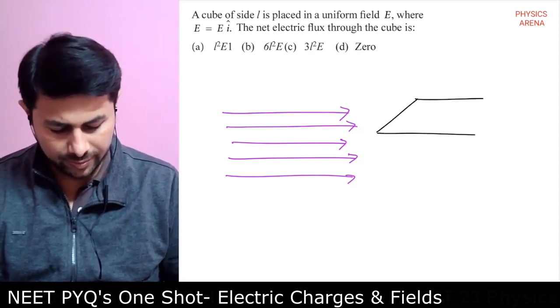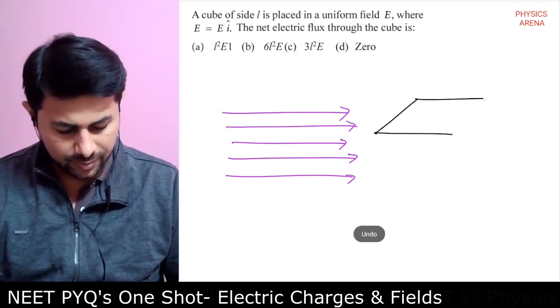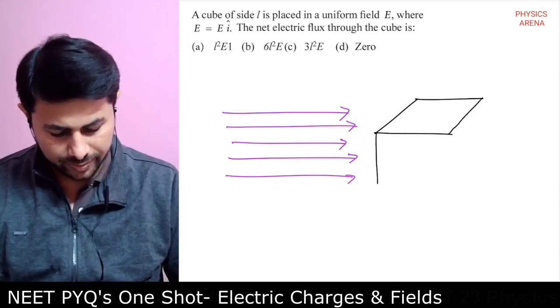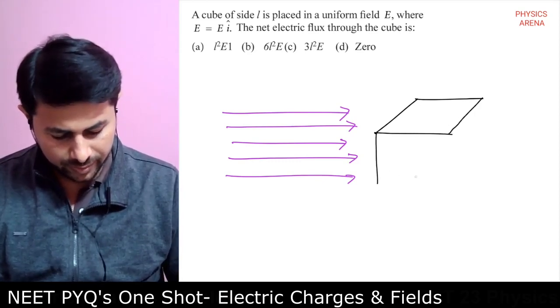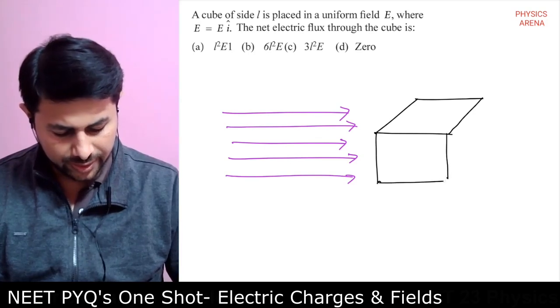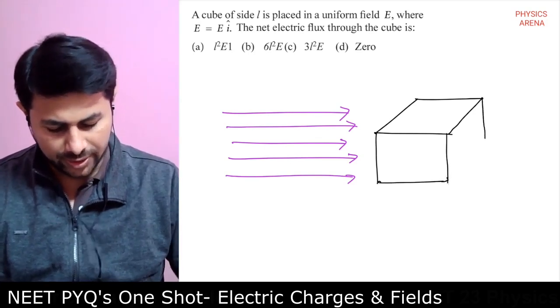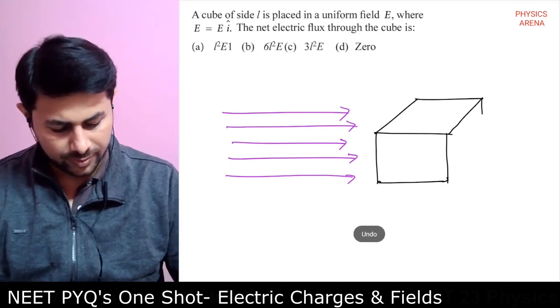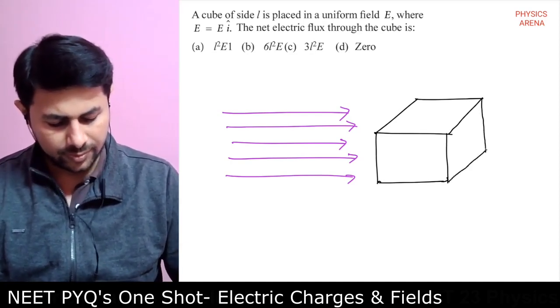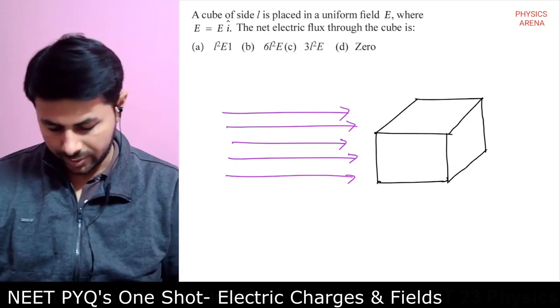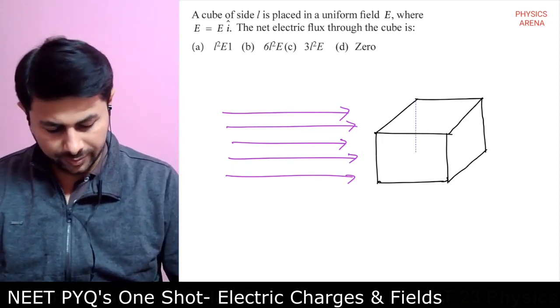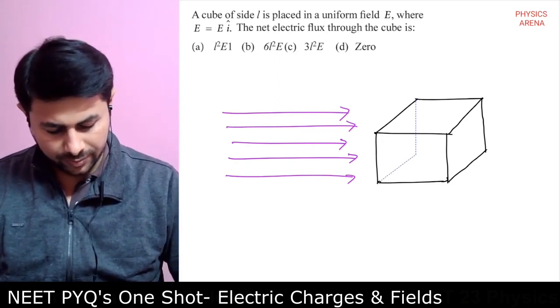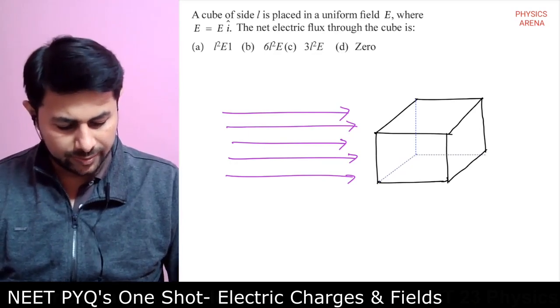So this is the cube. The question is, how much would be the flux due to this electric field through this cube? Can you guess how much would be the flux?